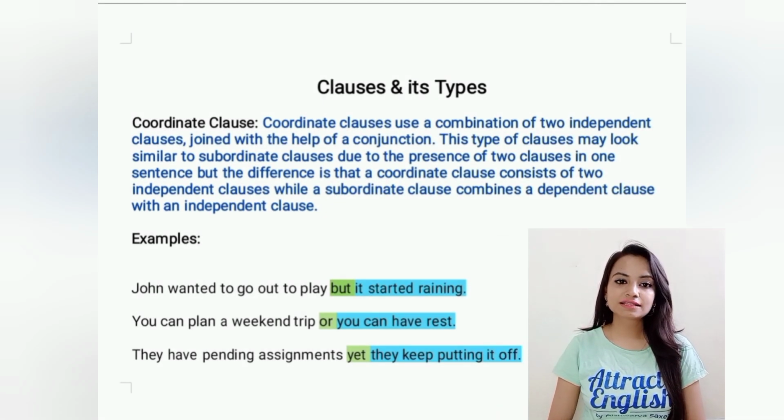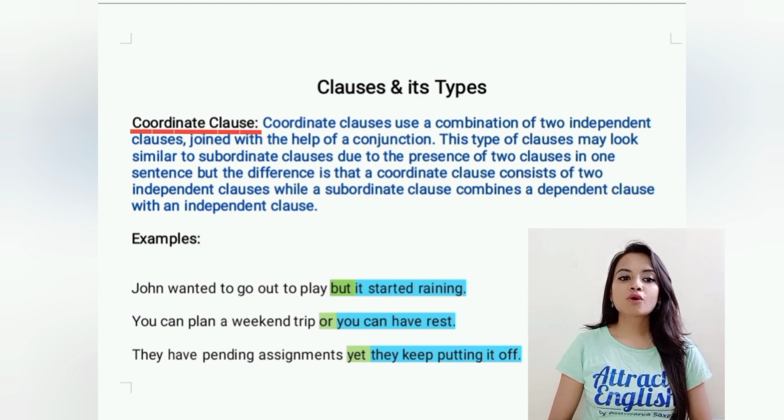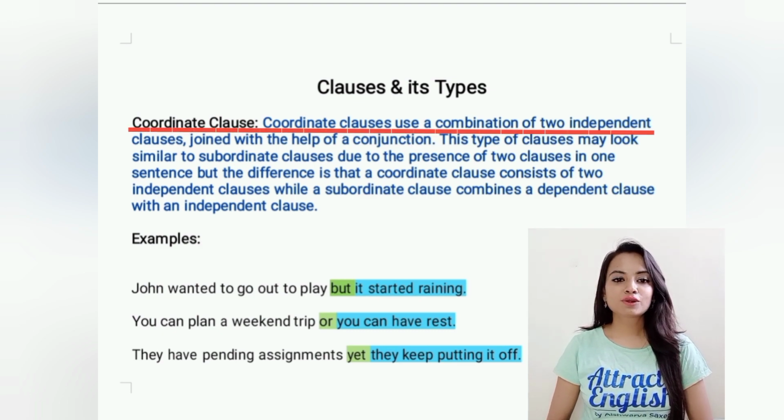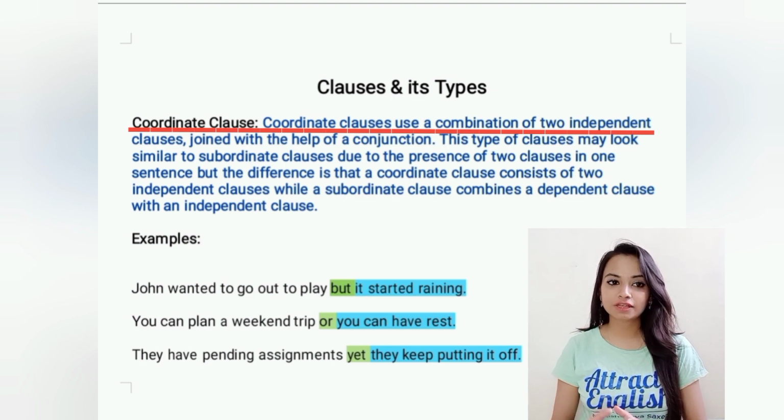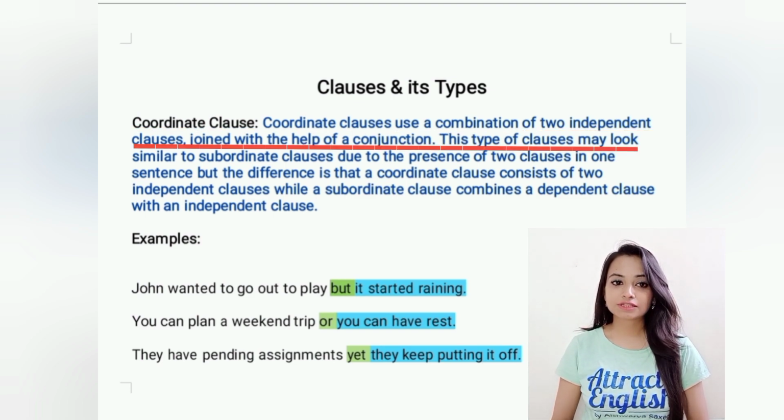Coming to the last type of clauses, coordinate clause. A coordinate clause is a combination of two independent clauses joined with the help of a conjunction.